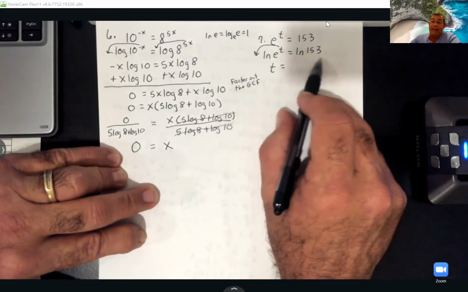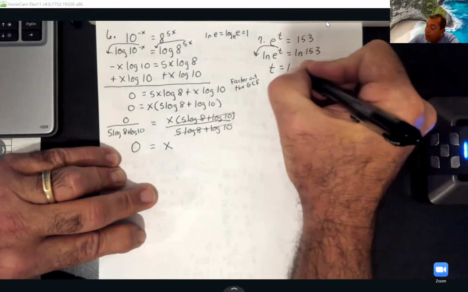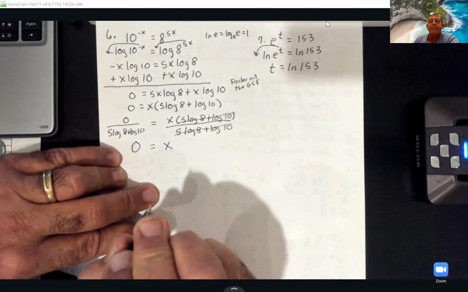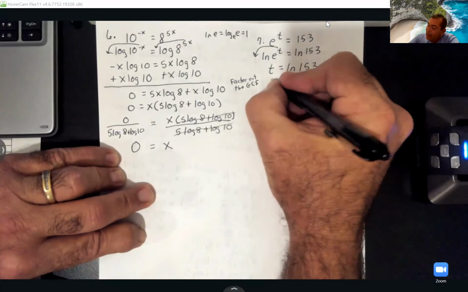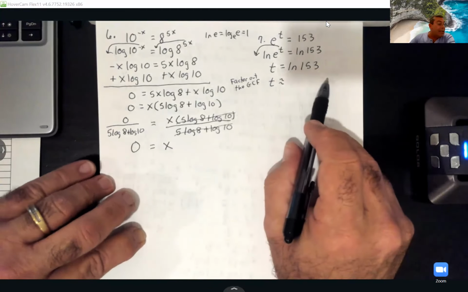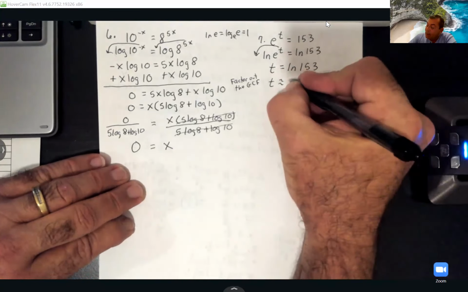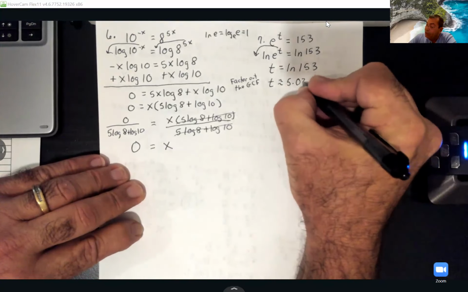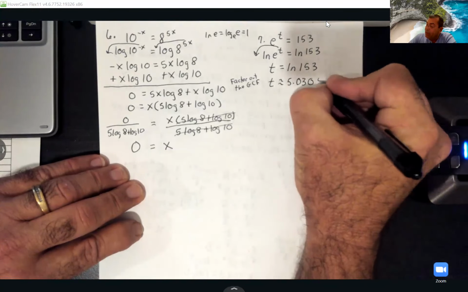Now, the right side, I can't do anything with that, so I'm going to bring down that ln of 153. So that now t, estimating that to 4 decimal places, I get 5.0304.